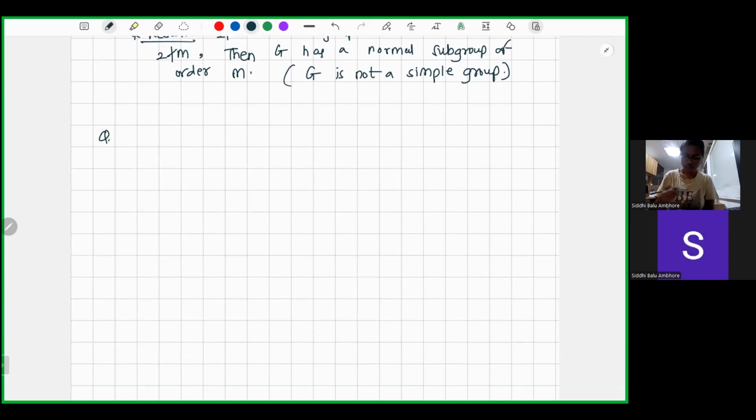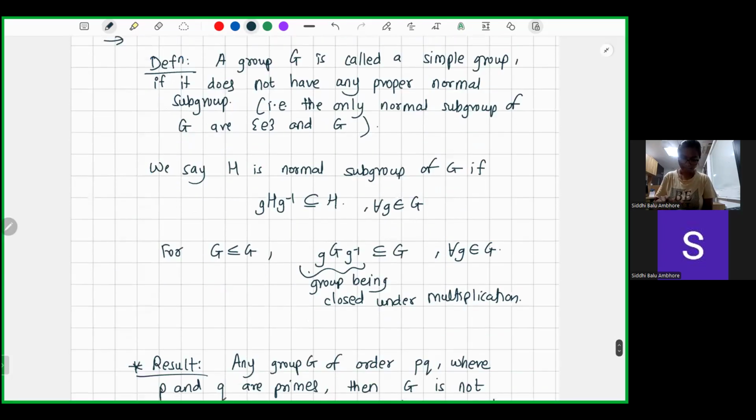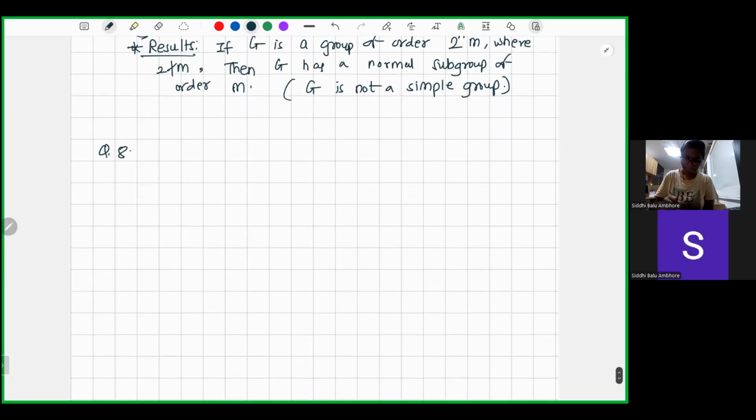This is related to the previous question which we solved about Sn acting on Rn. So this is question 8, I feel. Let G be equal to Sn and X be equal to Rn.